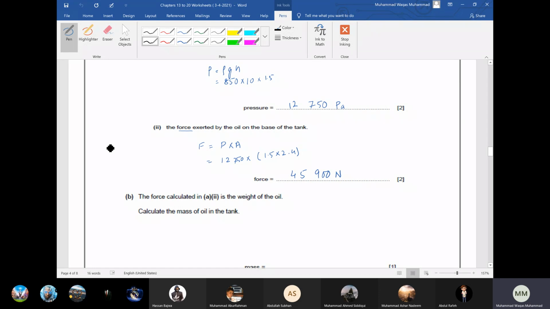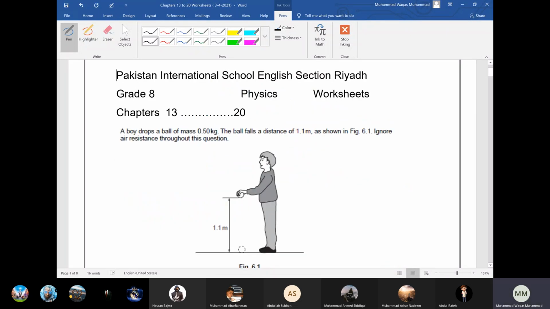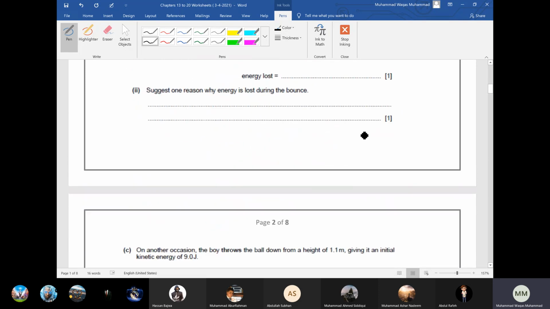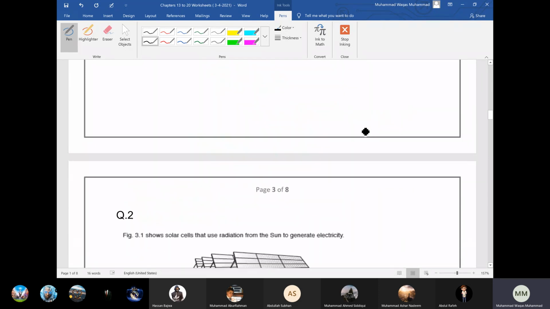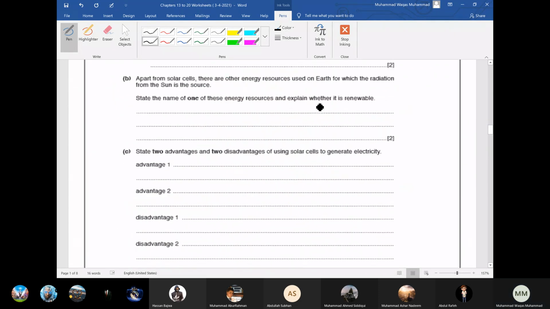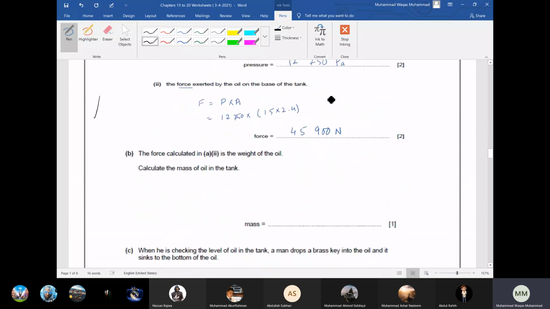You remember this formula triangle, right beta? Force divided by area is equal to pressure. So force is equal to pressure times area, right or wrong beta?